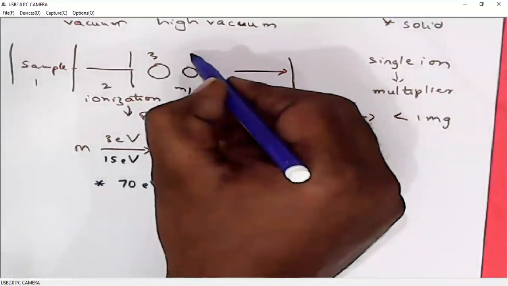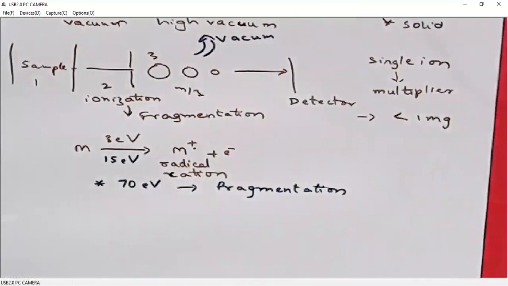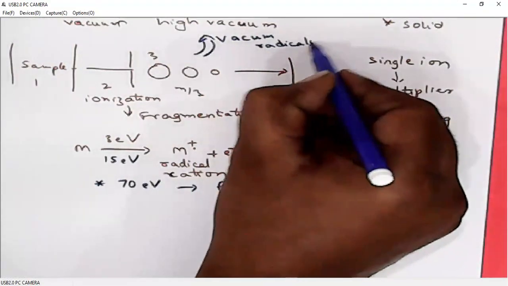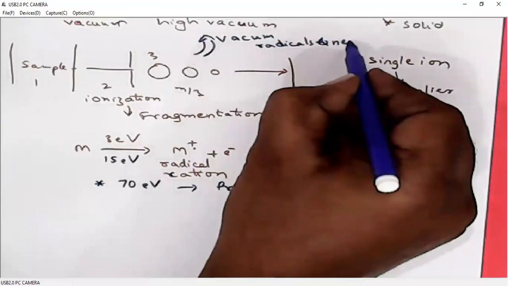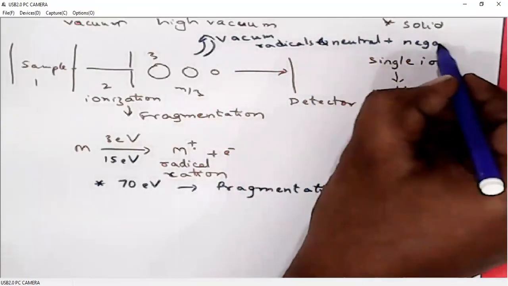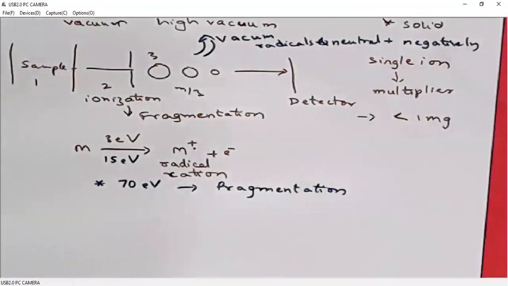We will apply vacuum here. When we apply vacuum, what will happen? Pure radicals, neutral molecules, and negatively charged molecules will all be washed away by vacuum.